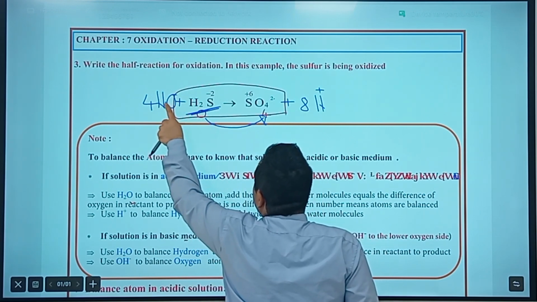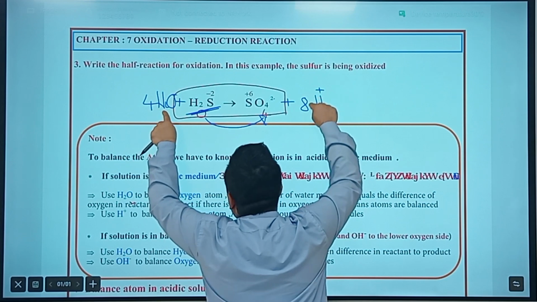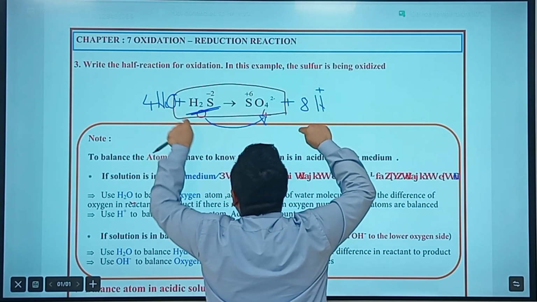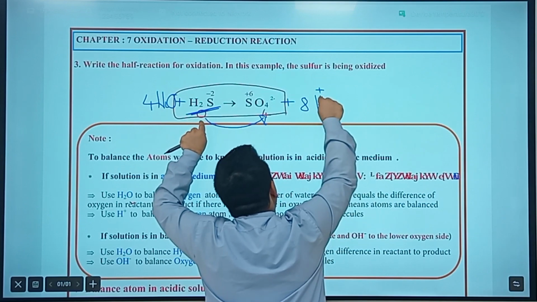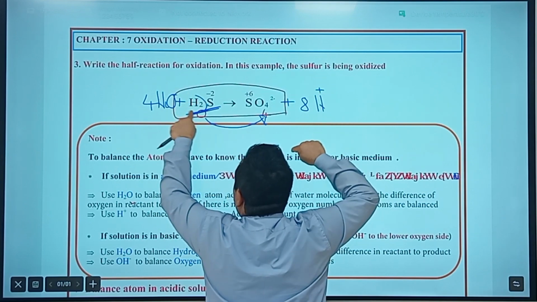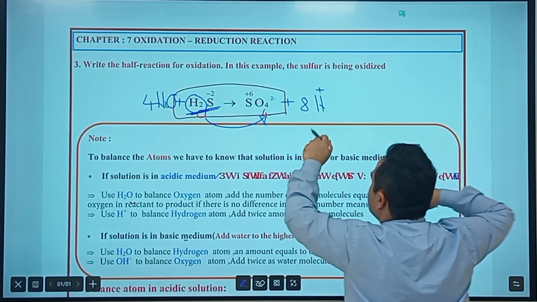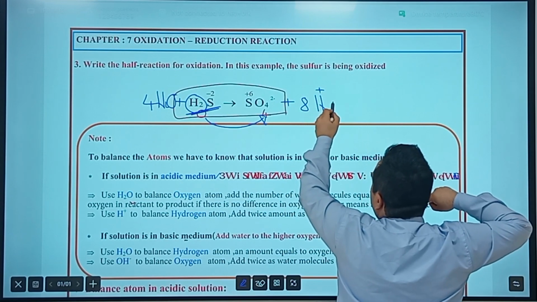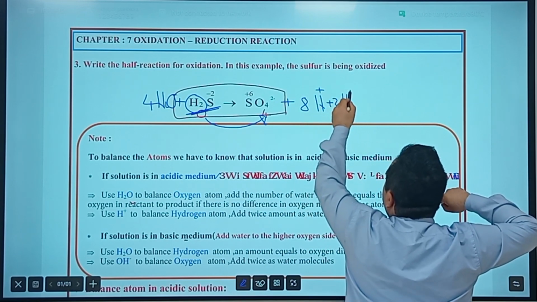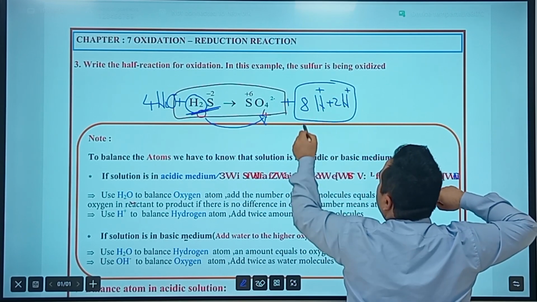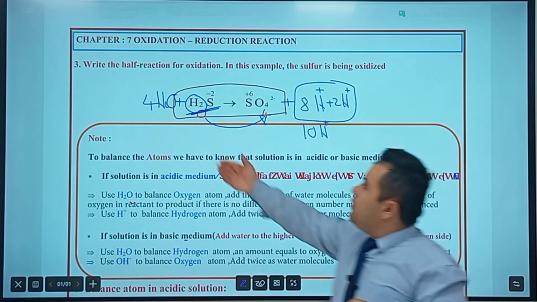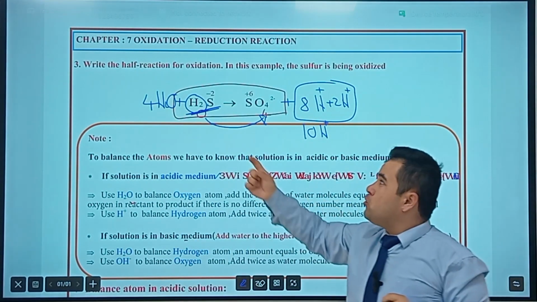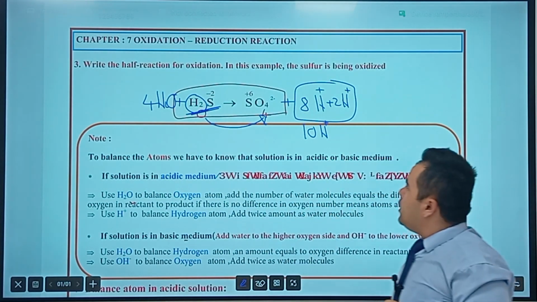Here, because we added 8 protons for 4 H2O, we have to add another 2 protons because of the 2H in H2S. So in total, 10 protons must be added to the product side: 8 because of the 4 H2O, 2 because of the 2 protons in the H2S.